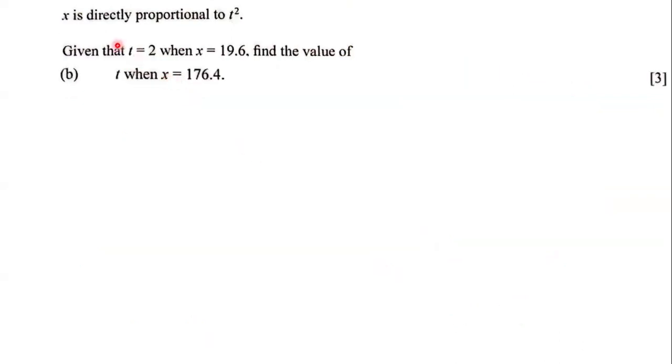Next, it says that x is directly proportional to t squared, given that t is equal to 2 when x is equal to 19.6. Find the value of t when x is equal to 176.4.